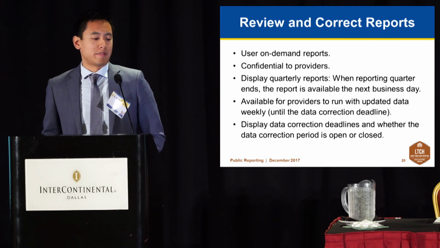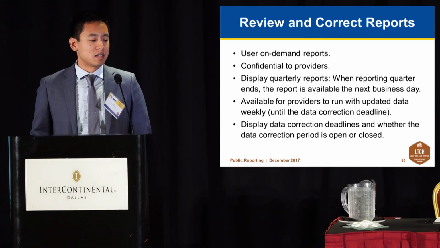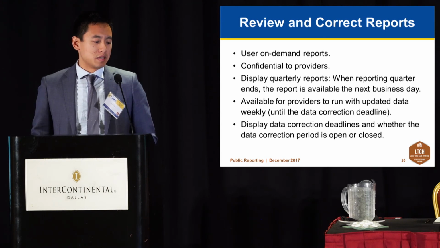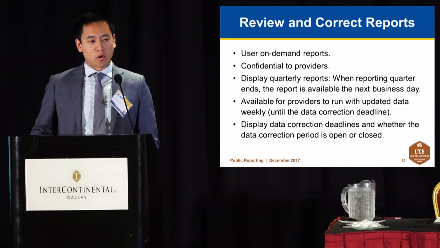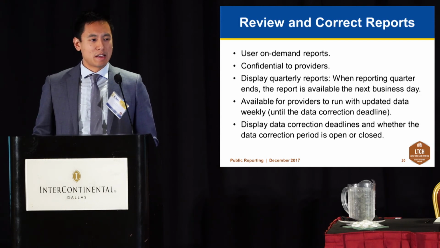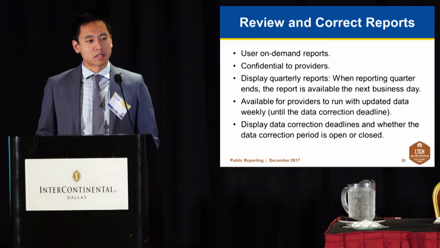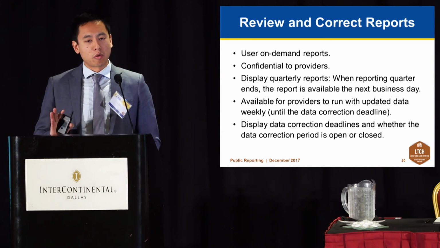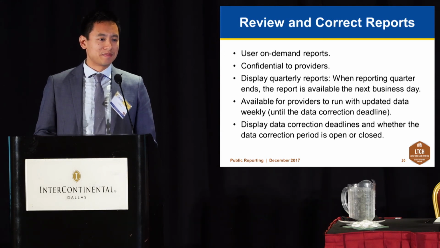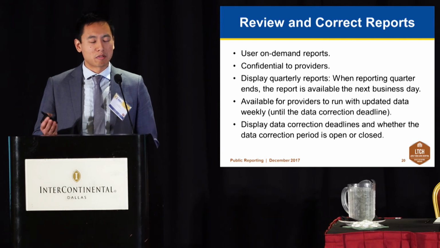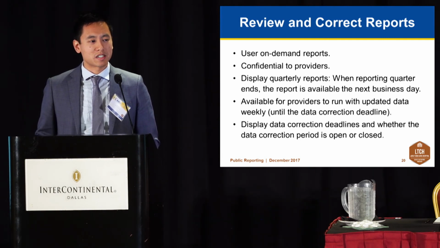These are available for providers to run with updated data weekly until the data correction deadline. So let's say you correct your data today, it will be updated the next week. Don't worry if you correct the data and you don't see it. I think it will be refreshed early in the week.